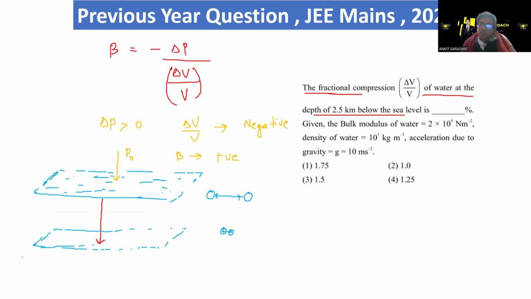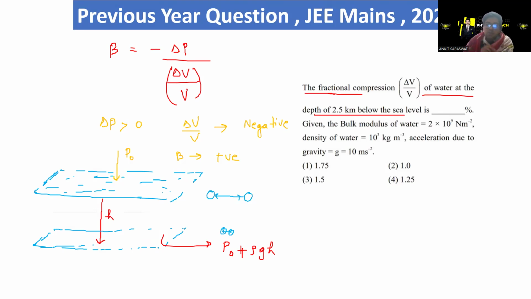And who is responsible for the change in the volume? It is the change in pressure. So here pressure is P naught plus rho gh, because it is depth h. So this additional pressure is responsible for the decrease in volume.